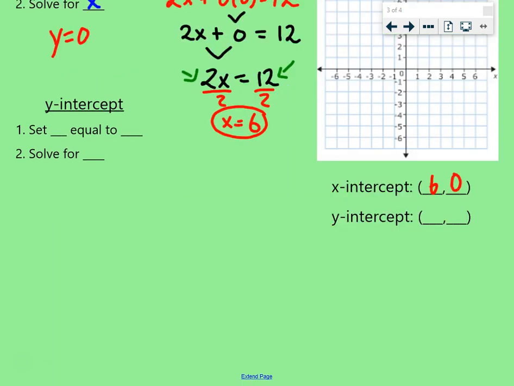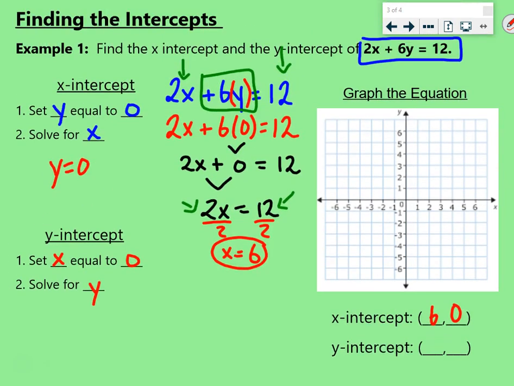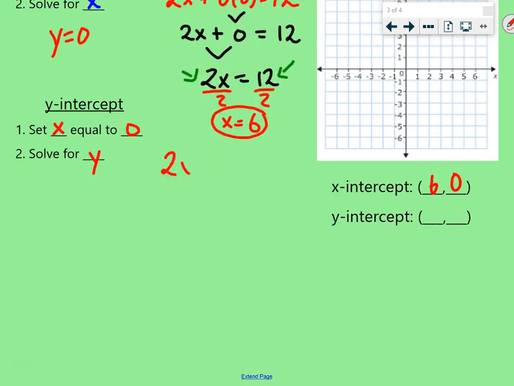We need to solve for our y-intercept, which is the opposite of solving for your x-intercept. So we set the x variable equal to 0 and solve for y. So again, we're using that same equation that we started with right here, 2x plus 6y equals 12.